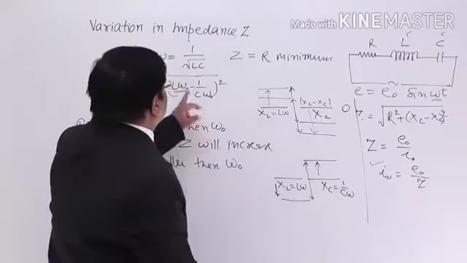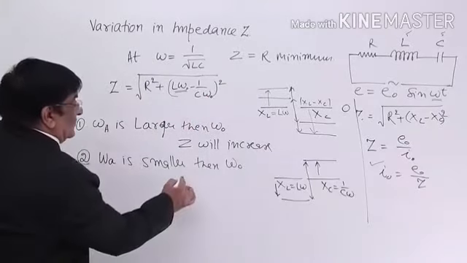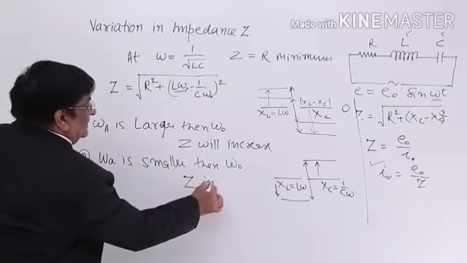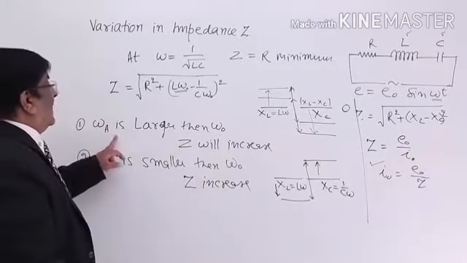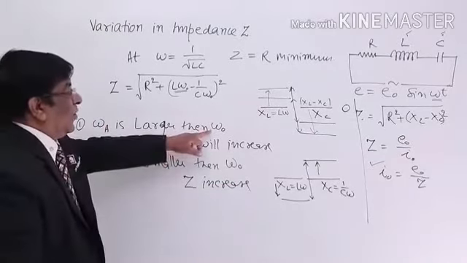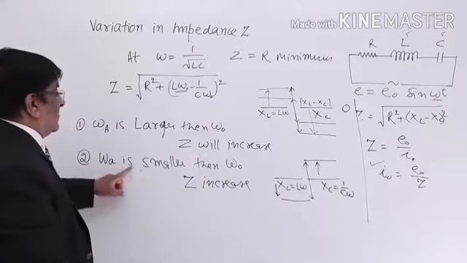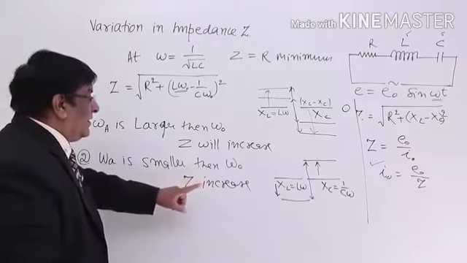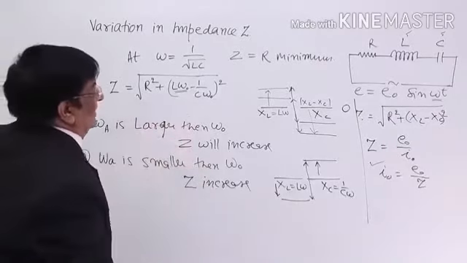And when the difference increases, the value of Z increases. So when omega applied is larger than omega naught, the natural frequency, Z increases. When omega applied is smaller than omega naught, again Z increases. In both the cases, Z increases.